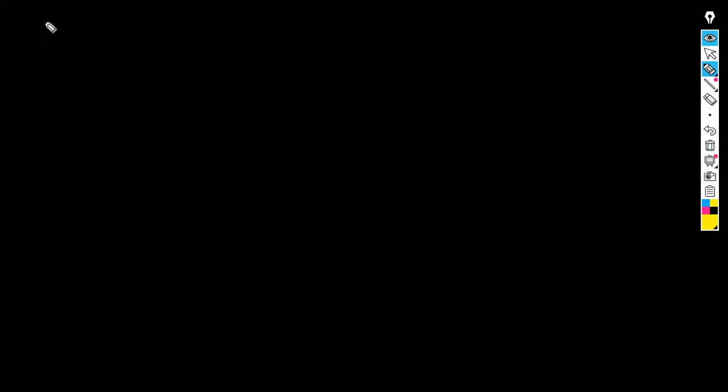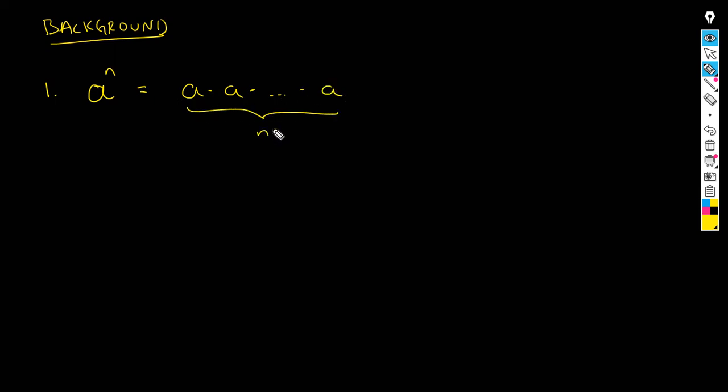Let's lay the background for this. What things do we need in order to understand these two topics that I already told you about? We need the following. The first is, let's remember that a while ago we discovered what this symbol means, a to the n. This is nothing but a times etc. times a, n times, okay?